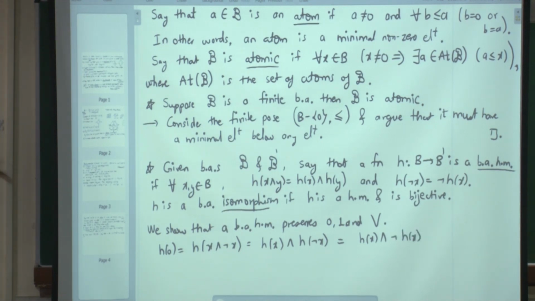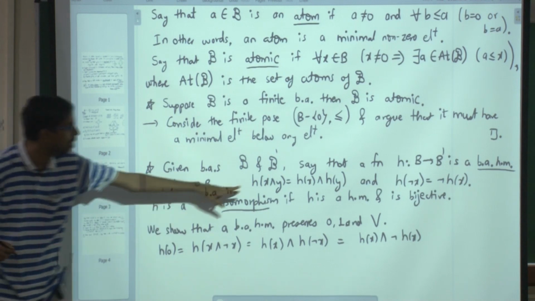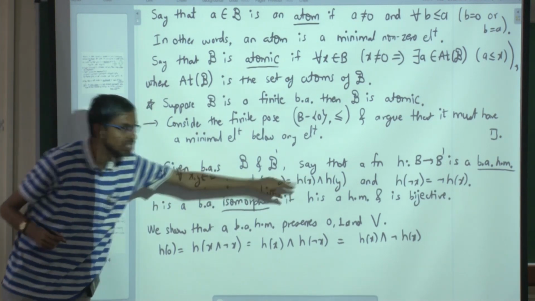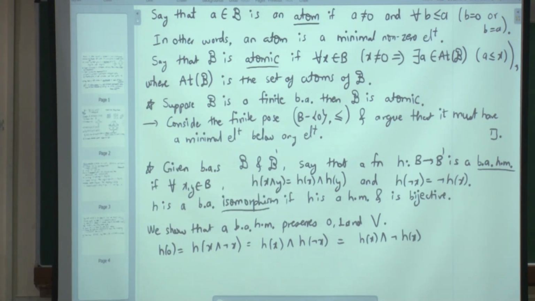So please be warned, whenever we write this, the first meet is in B, the second meet is in B prime, and similarly for complements. So h of x meet negation of h x, what should it be? 0. So done.